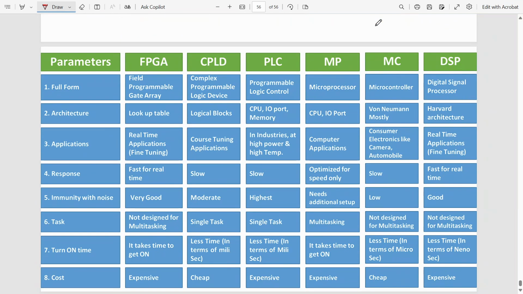And what is the comparison between FPGA, CPLDs, programmable logic controllers, microprocessor, microcontroller, and DSP? So this is the full form: FPGA, CPLD, programmable logic controller, microprocessor, microcontroller, digital signal processor.